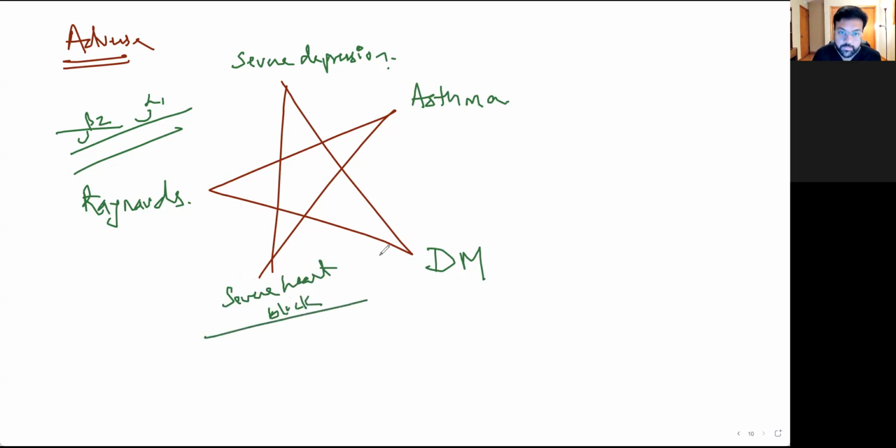That's but obvious. Another miscellaneous thing you want to know, in which intoxication you want to avoid beta blockers to be given at first. You should give alpha blockers first, then you should give beta blockers. Which is that intoxication or which condition?